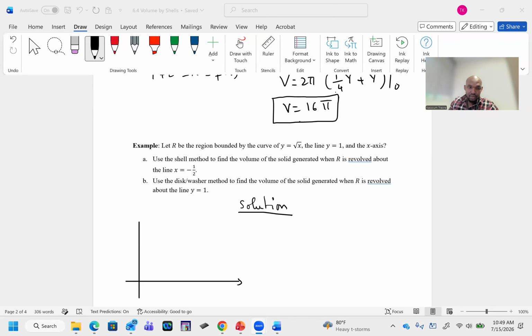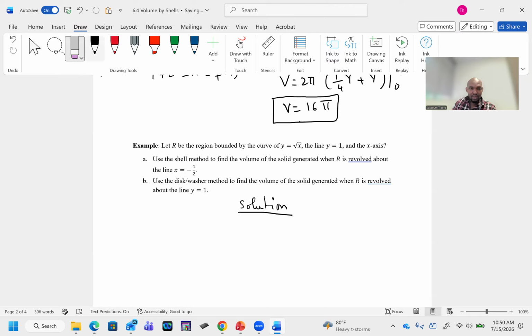So the graph of the square root of x again will be something like this. Let's say this is 1. So the line y equals 1.